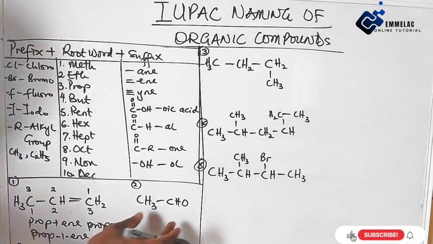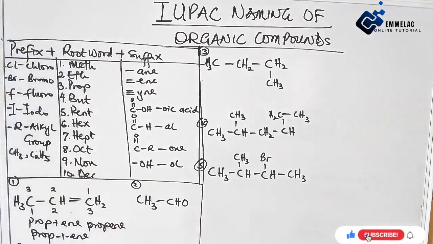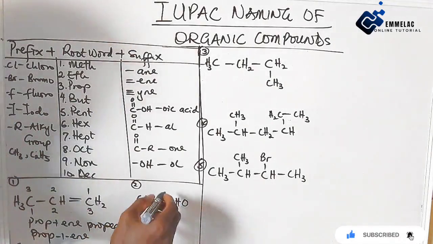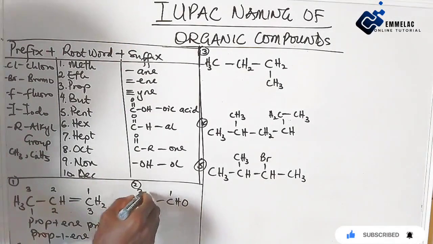Now for number 2, let us look at the root word. Here we have the longest possible chain, 1 and 2.